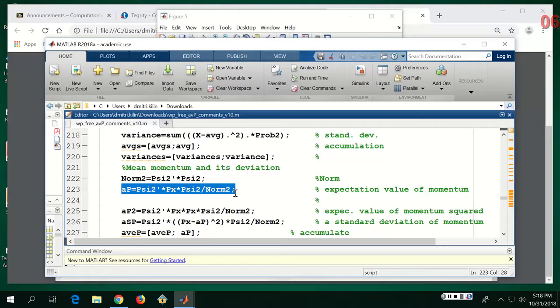Here the matrix for momentum, and then psi at point 1, psi at point 2, psi at point n. So this equation is implemented in the line D3.